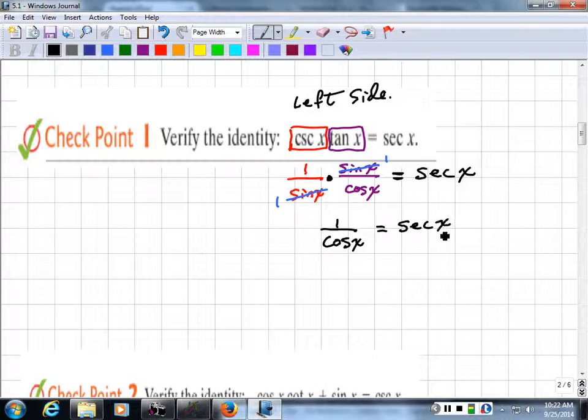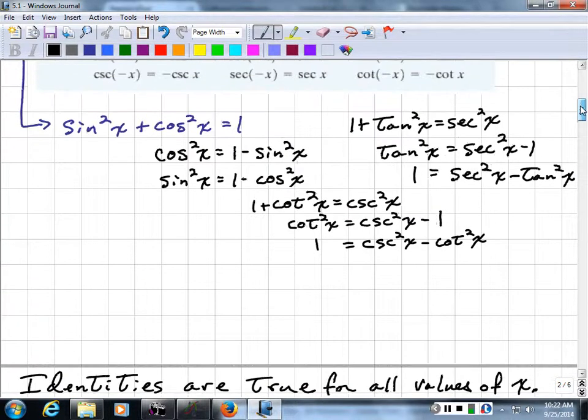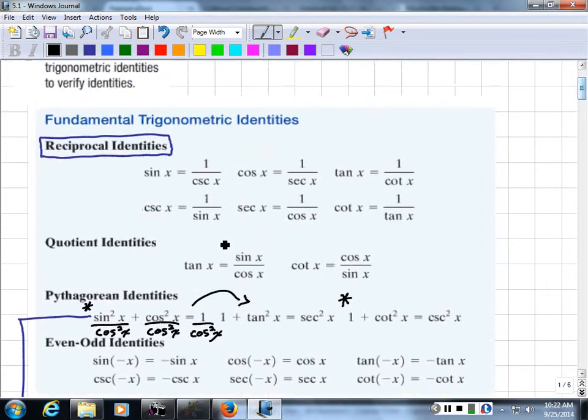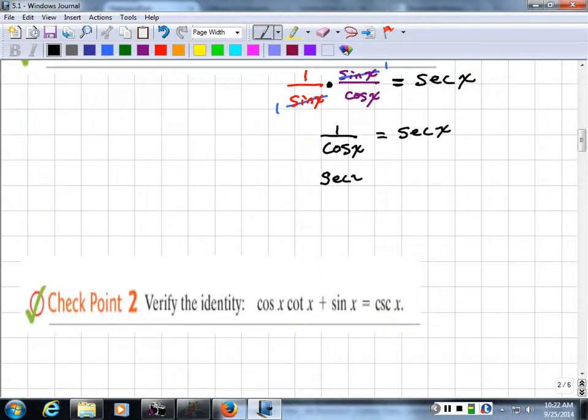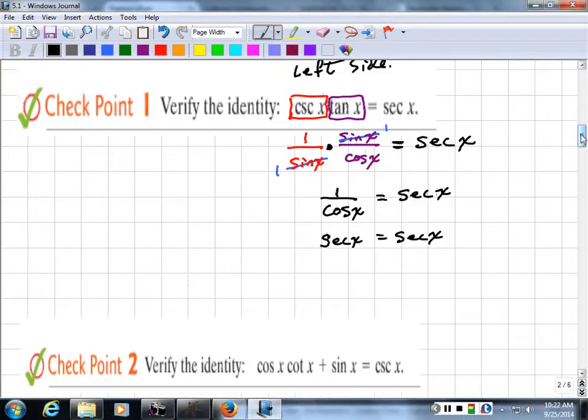And that's true because by the reciprocal identity, right up here, the secant of x is equal to 1 over cosine of x. I can rewrite this as secant x equals secant x. It's at this point that I have verified the identity. I took the left-hand side, changed it so it looked like the right-hand side. At no time did I cross the equal sign.